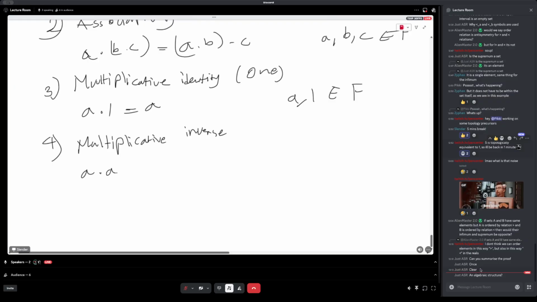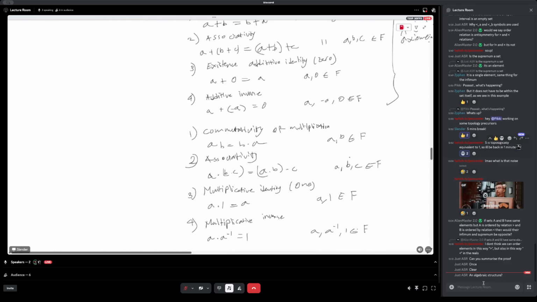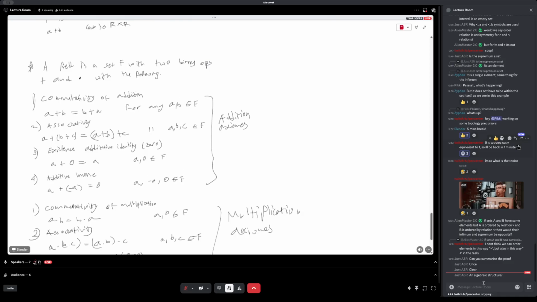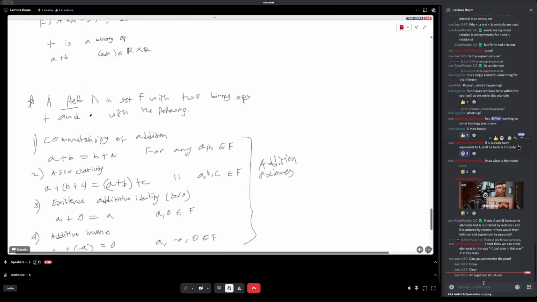This is denoted a with a superscript -1, and this gives you the multiplicative identity, 1. So these are the field axioms, and these are the multiplication axioms. Overall, combining all of this, you have a field.